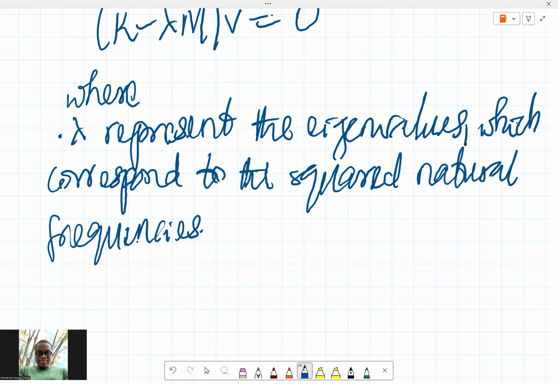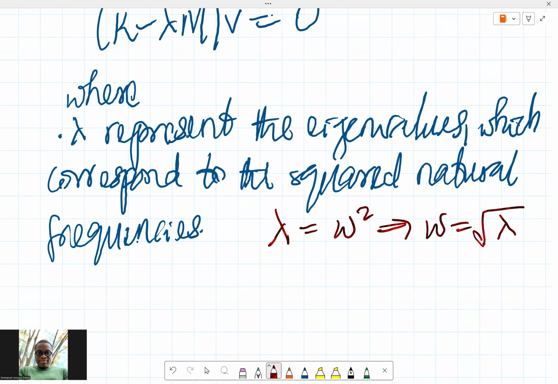So in short, the eigenvalue lambda is the natural frequency raised to power 2, which implies that the natural frequency is the square root of the eigenvalue. That's the essence of that.